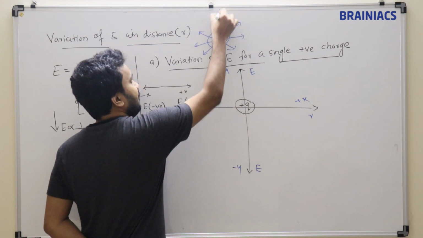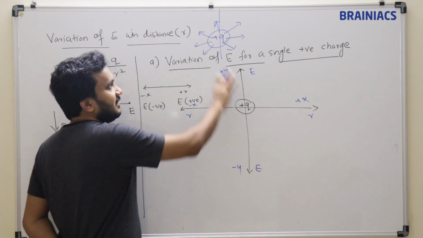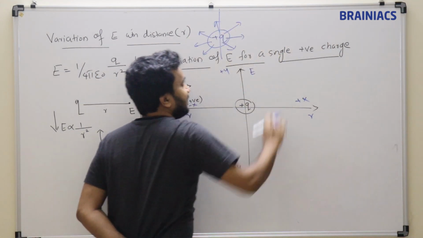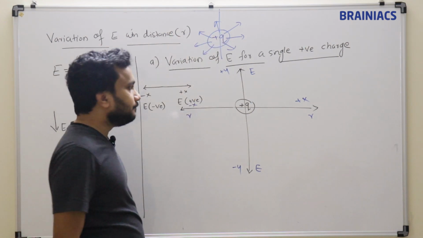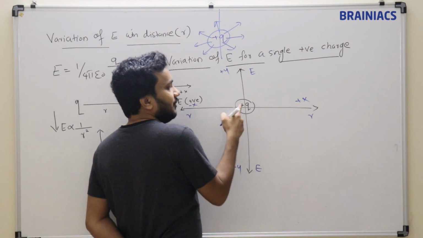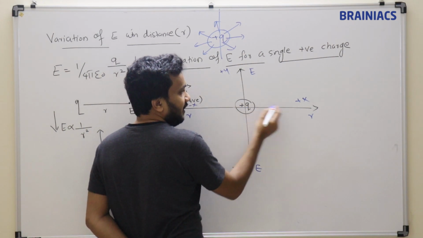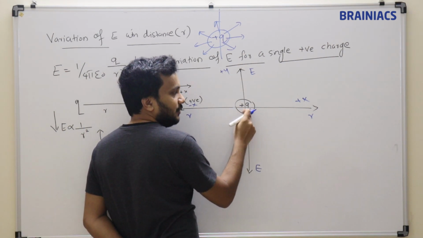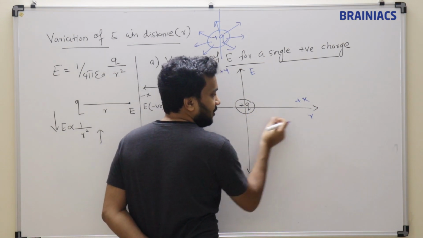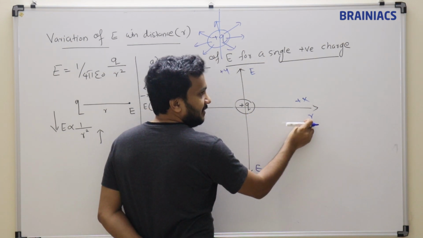If you draw one line like this, you can see the right side is always going towards the right, and the left side is always going towards the left. So for the electric field of a positive charge, if the distance is very small, at the origin the distance is 0. If you go away from the origin, the distance R increases.